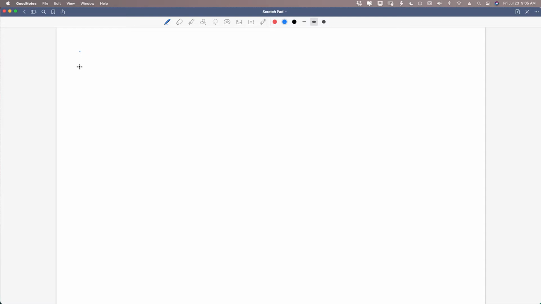So here's example problem 13.1. And we are given two linear equations. Here's the first one. And we have the second one. All right.